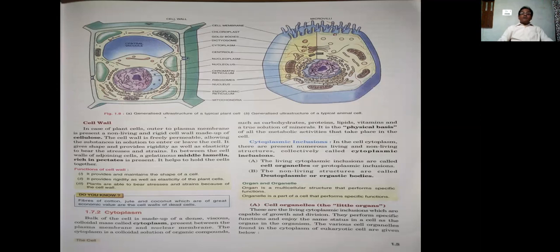Cell organelles are the smaller compartments found inside the cytoplasm and do a very specific job. For example, mitochondria, commonly known as the powerhouse of the cell. Any sort of system requires energy for working.